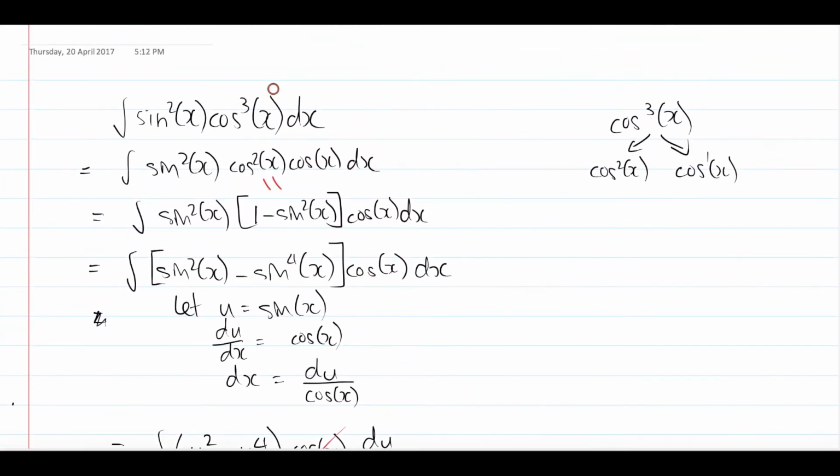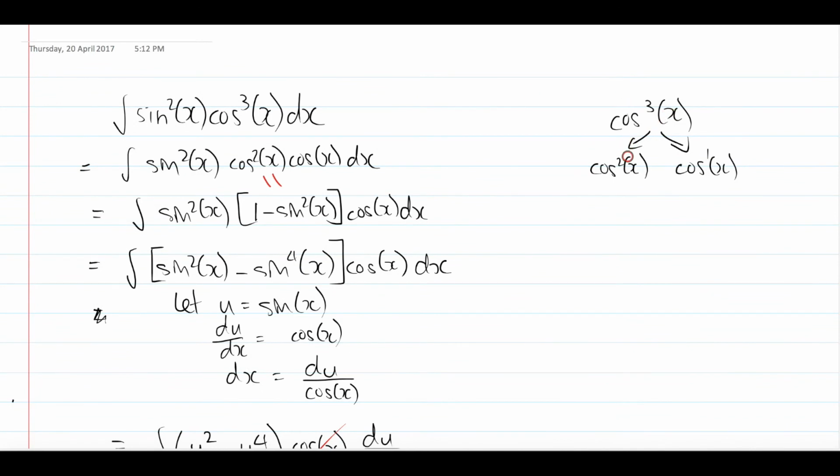If you have an odd power and an even power together in one function, what you want to do is work on the odd power first. So bring the odd power down into to the power of 1, so cos x or sine x, and then the other one is just the remainder. So if it's cos to the power of 3, that becomes a square.